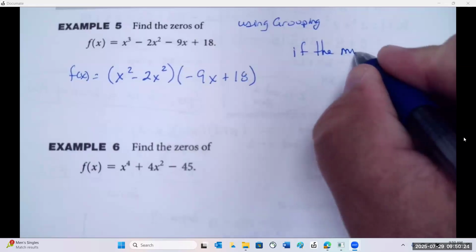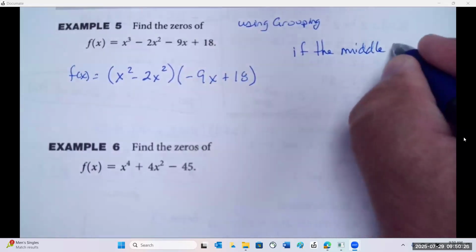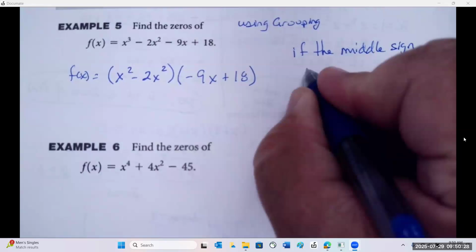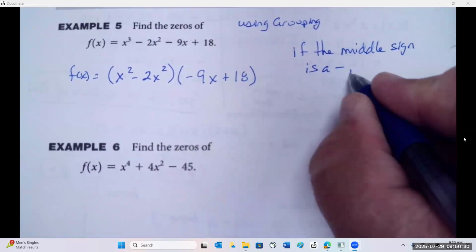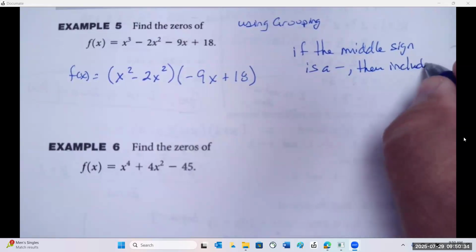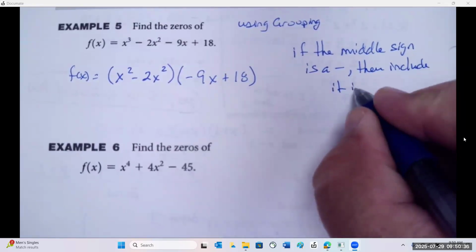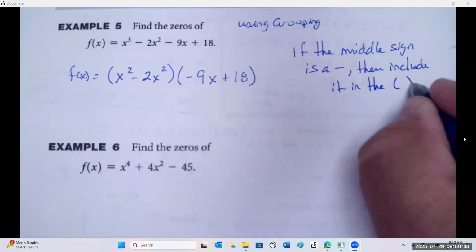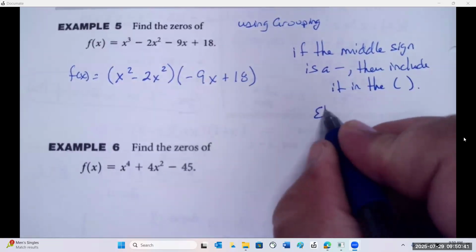If the middle sign is a negative, then include it in the parentheses.